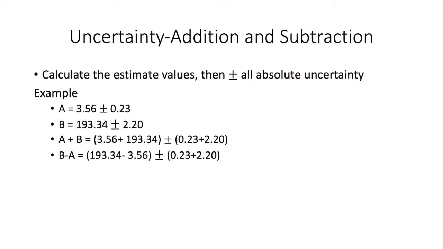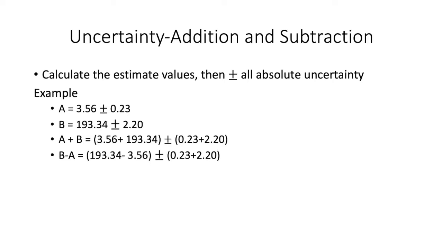So how do we calculate uncertainty? In this part, I will show addition and subtraction. I summarized it as: calculate the estimate volume, and then plus or minus the absolute uncertainty.